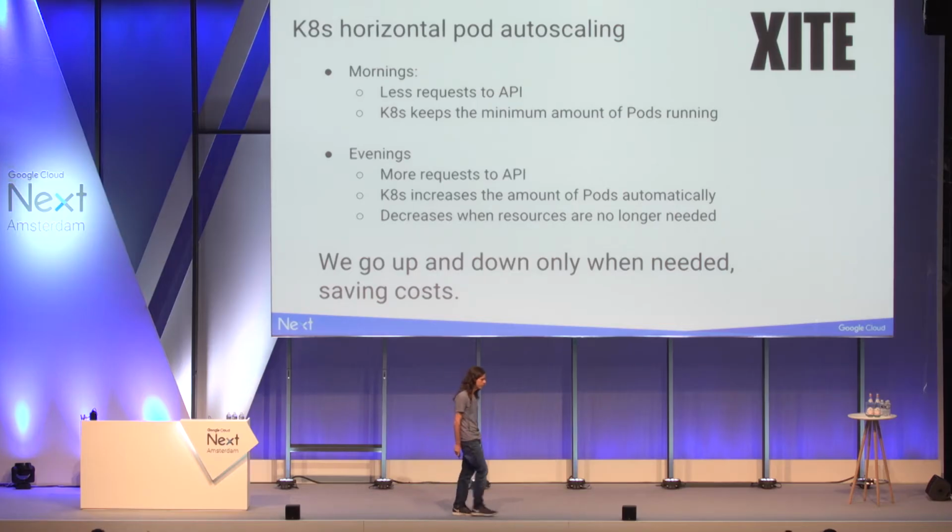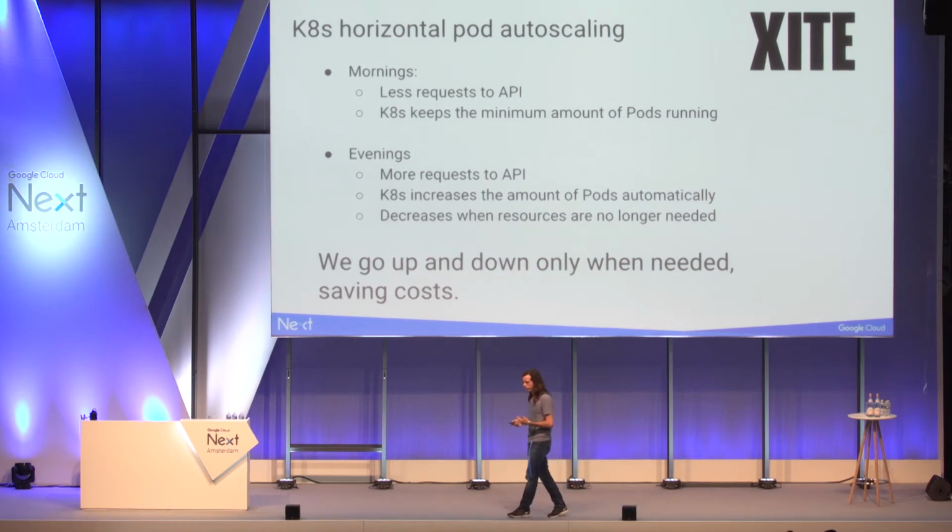Another cool thing we use on Kubernetes is, of course, the Kubernetes horizontal pod autoscaling. This means that Kubernetes has the ability to increase and decrease the number of pods automatically when needed. In our case, with our API, in the morning we have fewer people using it, so Kubernetes automatically keeps the number of pods at the minimal level.